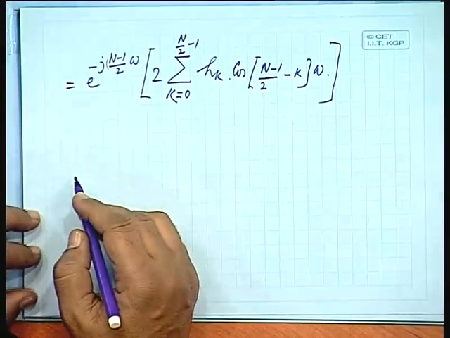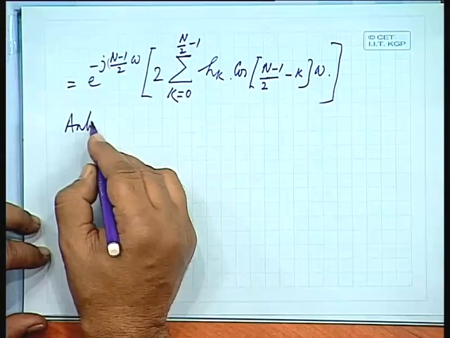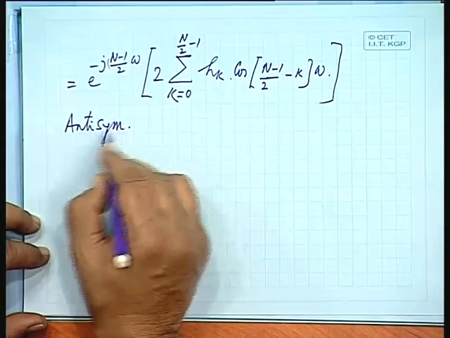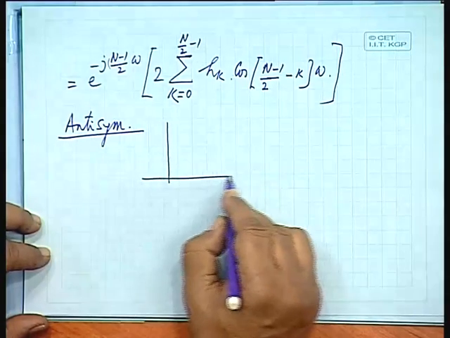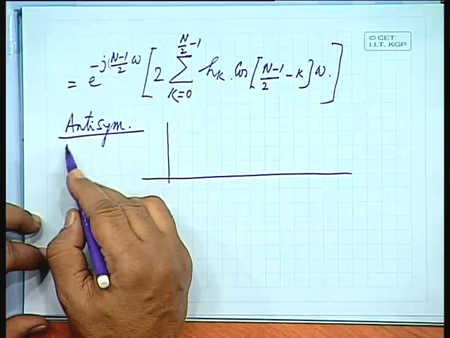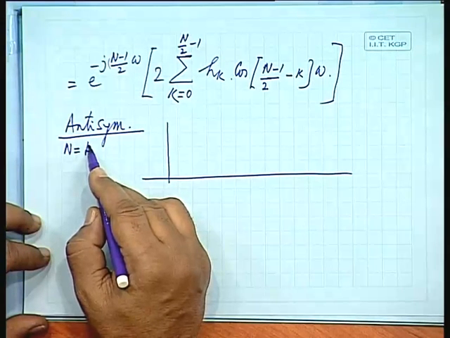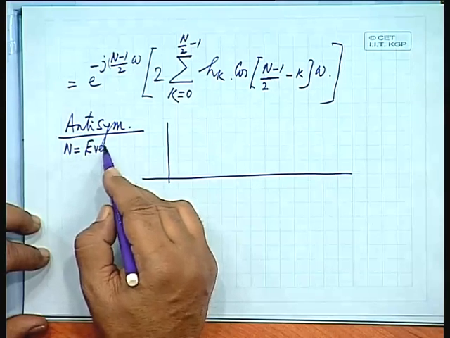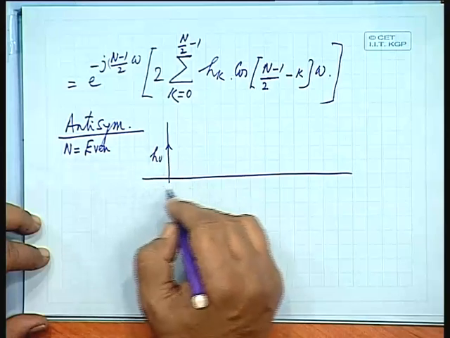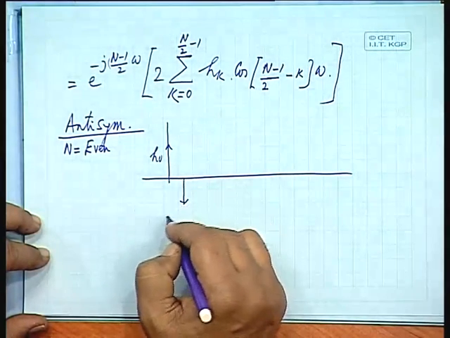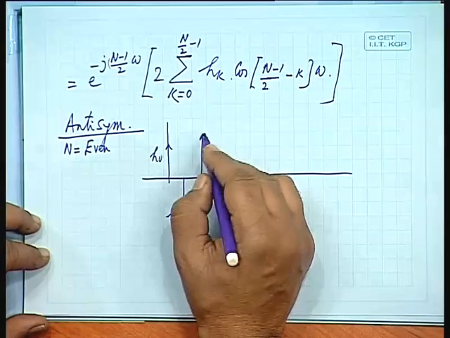Now, let us have another symmetry, this is antisymmetry. An antisymmetric sequence is like this. Once again, let us take n even first. So, this is H0, say this is H1, H2.